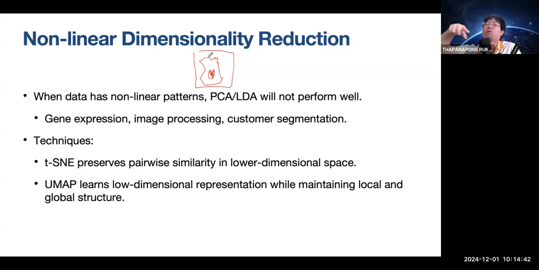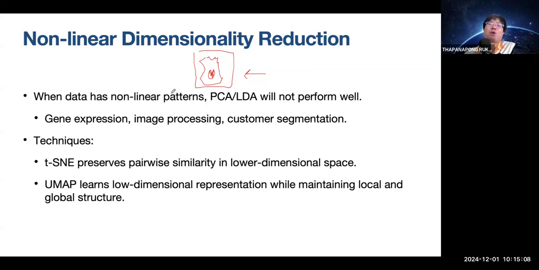So the pattern that we want to learn is sometimes not linear. If your instinct tells you that the pattern should be nonlinear, then you would not want to use PCA or LDA.